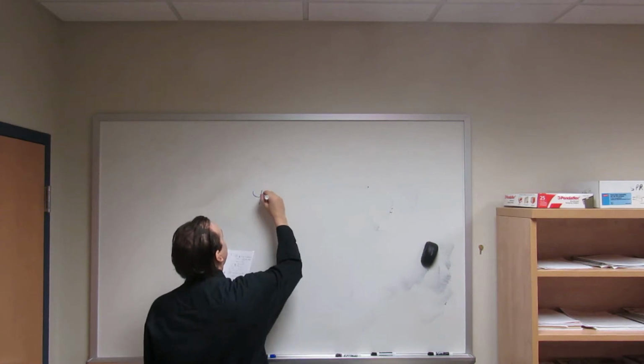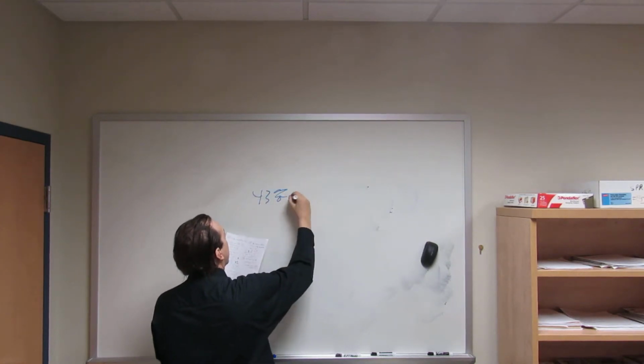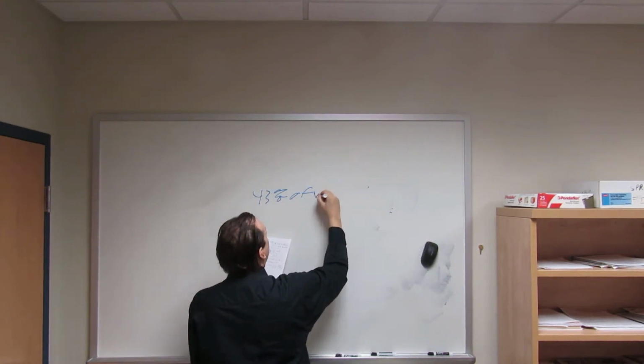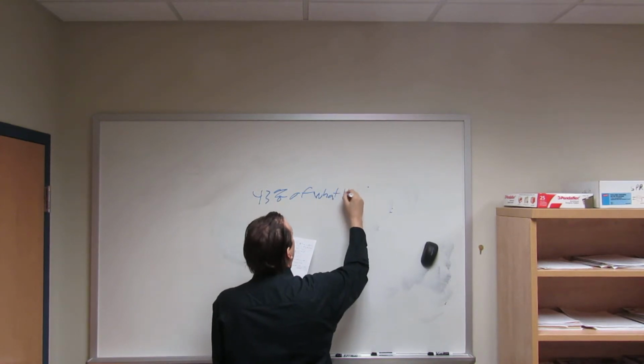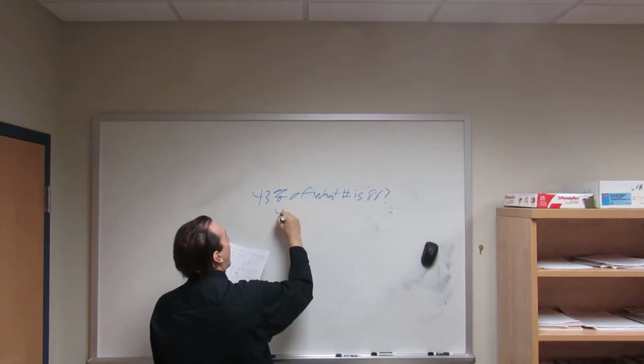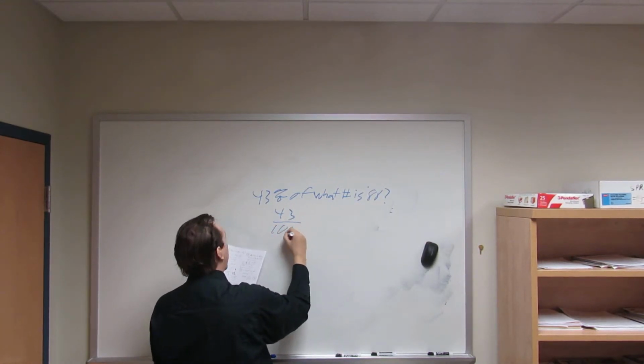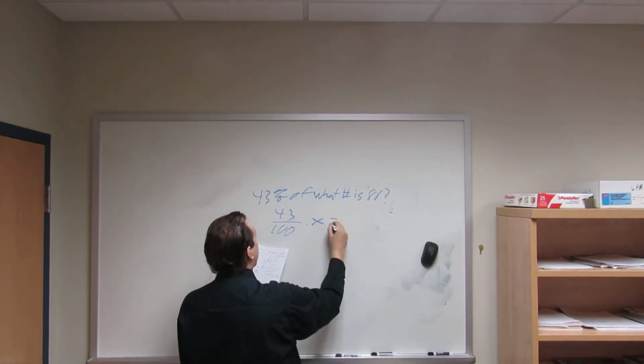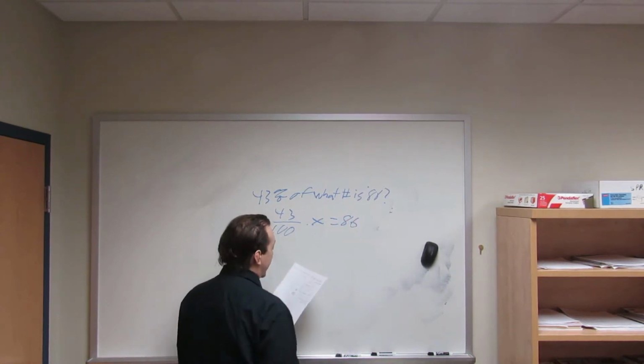Then let's say we have 43% of what number is 86. So 43 over 100 times X equals 86.